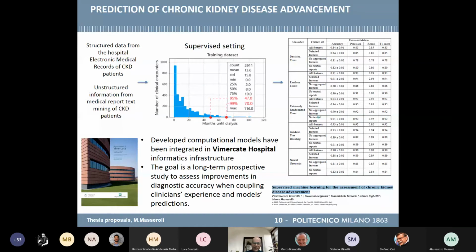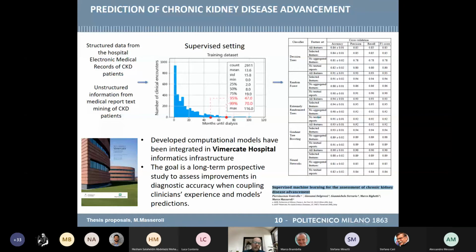He developed a set of different approaches, for classification and regression, and at the end identified a type of extremely randomized tree as the one that provides the best classification of those patients, in particular in the prediction of entering into dialysis in the next 6 months or 1 year, with slightly lower precision and accuracy in the case of more and more specific time frames.